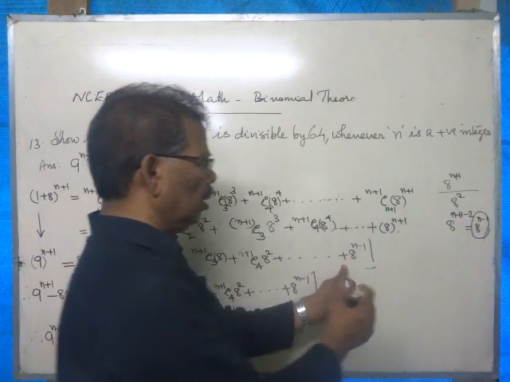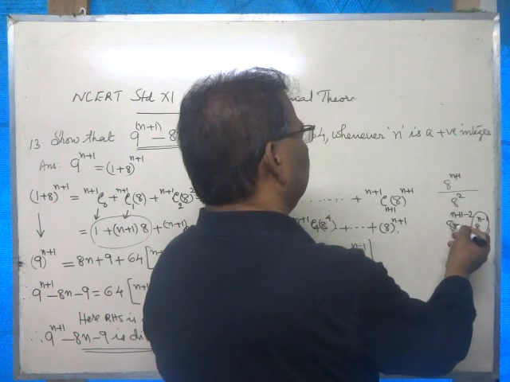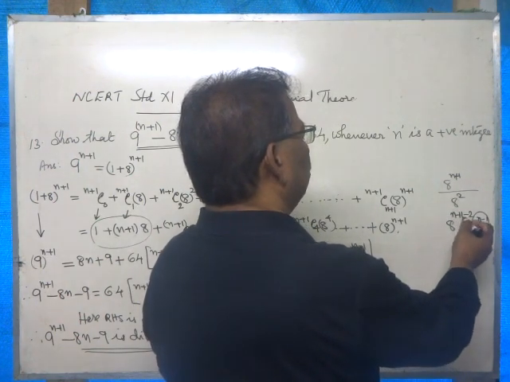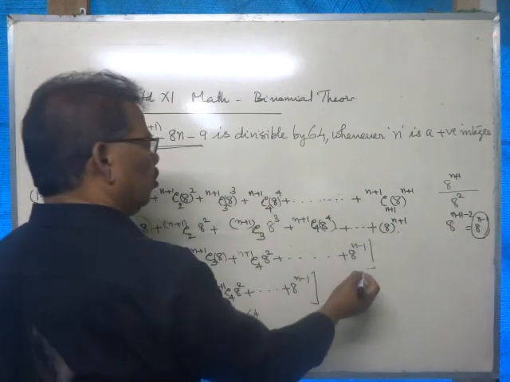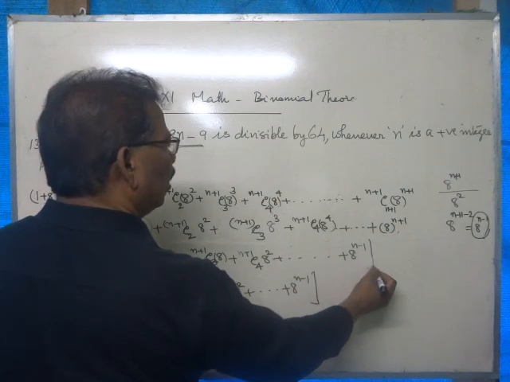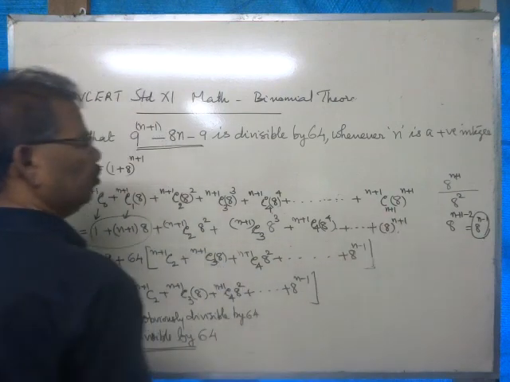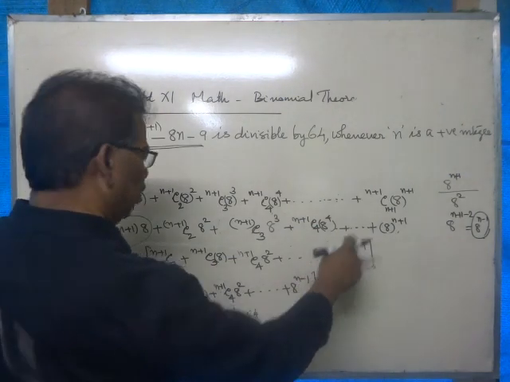Therefore, 8 raised to n plus 1 divided by 8 square is 8 raised to n plus 1 minus 2, that is 8 raised to n minus 1. So, on dividing 8 raised to n plus 1 by 64, we got 8 raised to n minus 1.